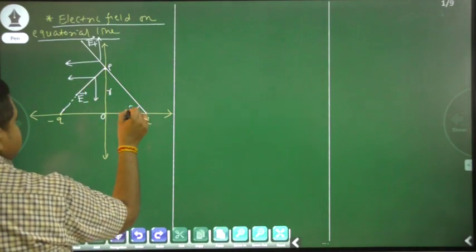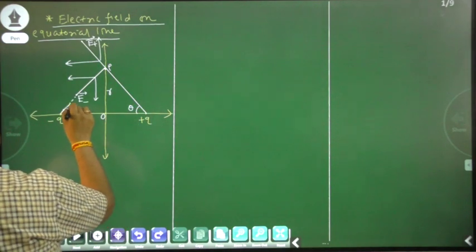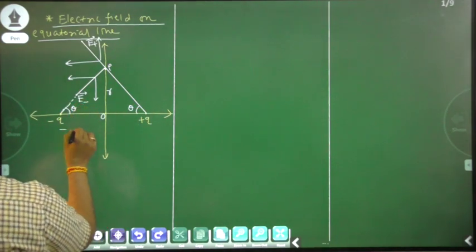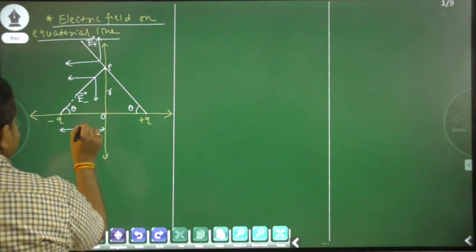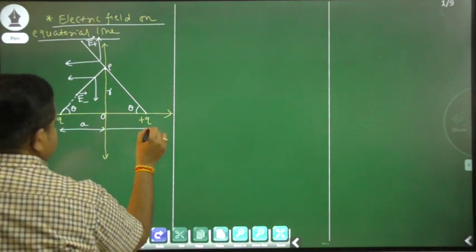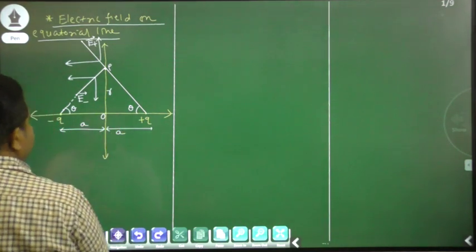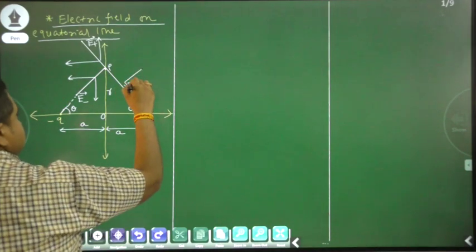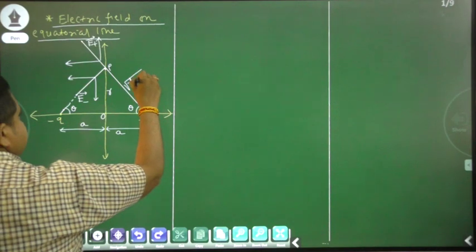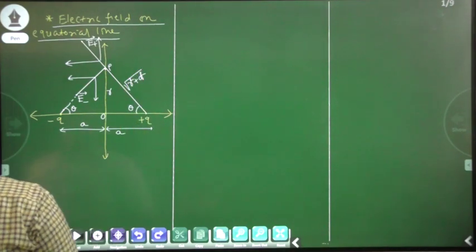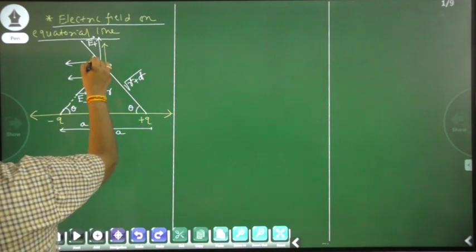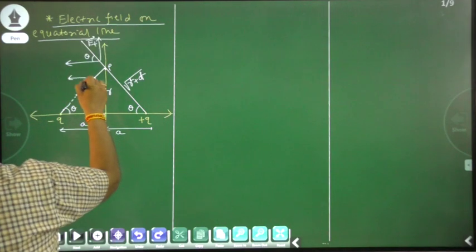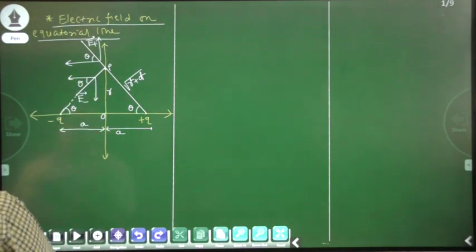Suppose this angle is theta, then this angle is also theta. Distance a, distance a. Now this distance, according to Pythagoras, is root of r square plus a square.